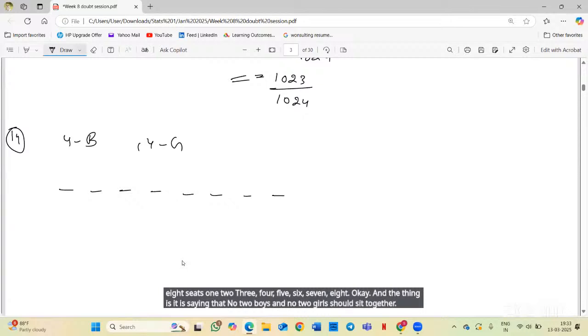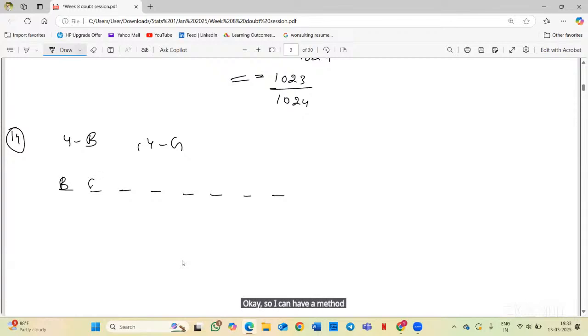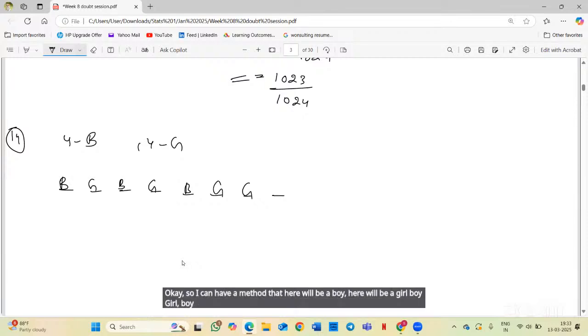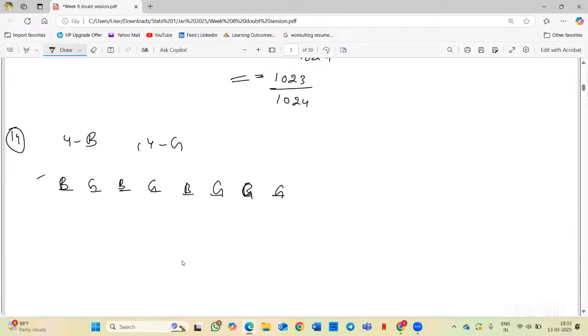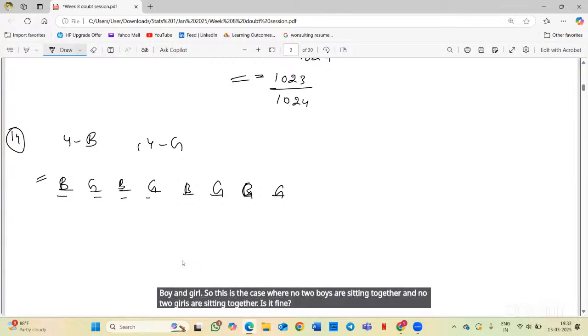So I can have a method where here will be a boy, here a girl, boy, girl, boy, girl, boy, and girl. This is the case where no 2 boys are sitting together and no 2 girls are sitting together. Is it fine? Yes, ma'am.